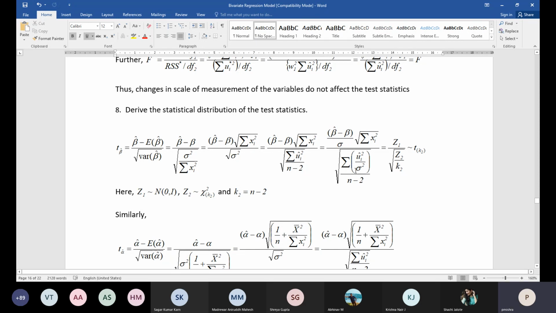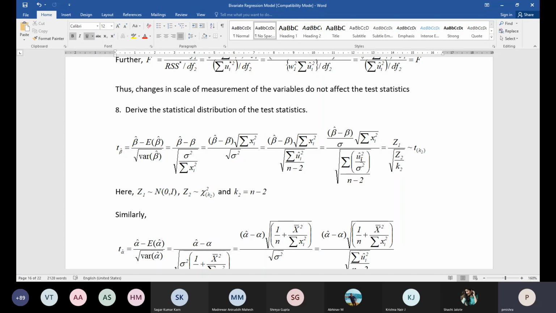On the other hand, if you see the denominator, you see u hat i. What is u hat i? U hat i is yi minus y hat i, that means yi minus alpha hat minus beta hat xi. You can very well see yi follows a normal distribution, as we have discussed.